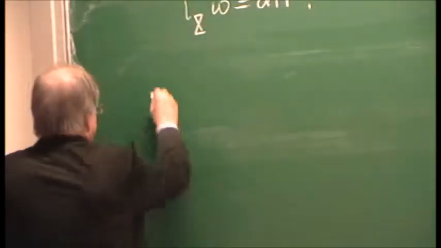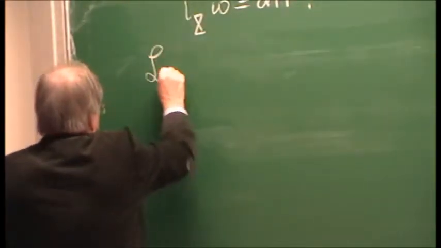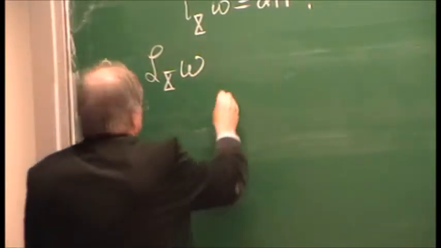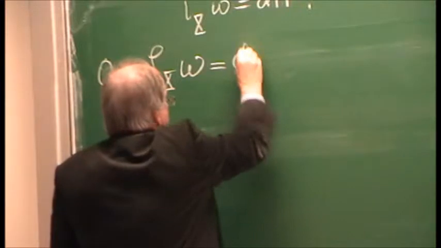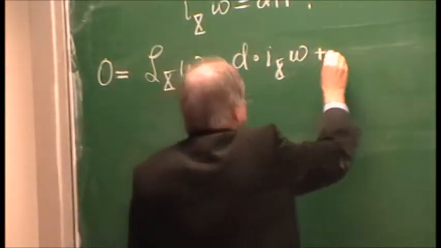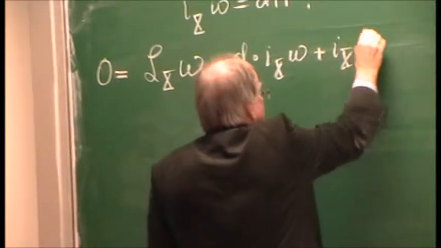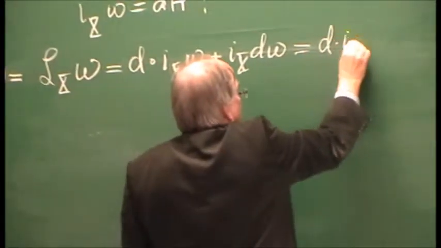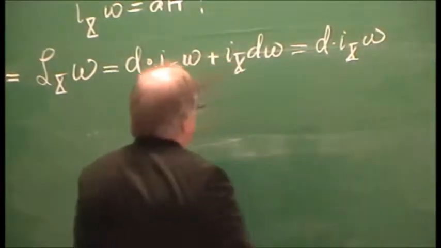Well, the Lie derivative of omega is 0, and that's the same as d of the contraction plus the contraction of d omega, but d omega is 0, so this is just d of that.